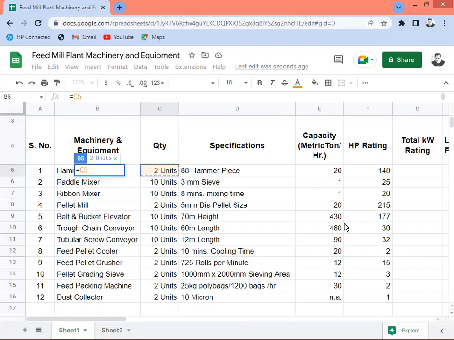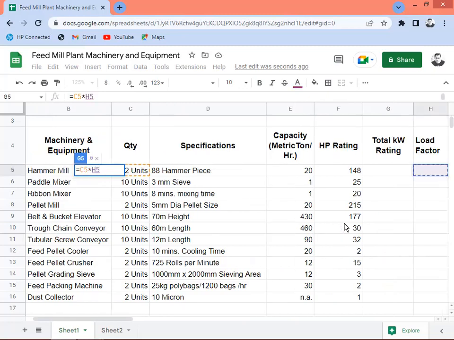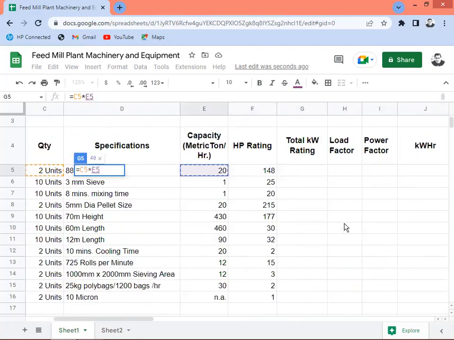So therefore, we're going to include the quantity here, multiplied by which one? Multiplied by the rated capacity of the horsepower, rather. We are not going to include the capacity in metric tons per hour, just the HP rating.